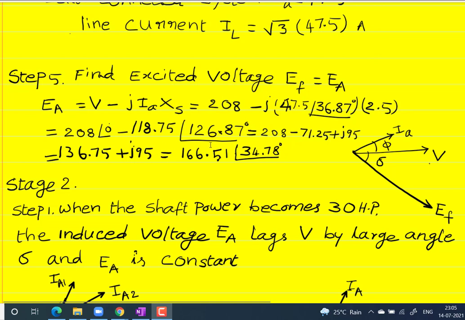Once we substitute and simplify, we get 208 minus j, and after further simplification, 136.75 plus j95, and finally 166.51 at an angle of 34.78 degrees volts.